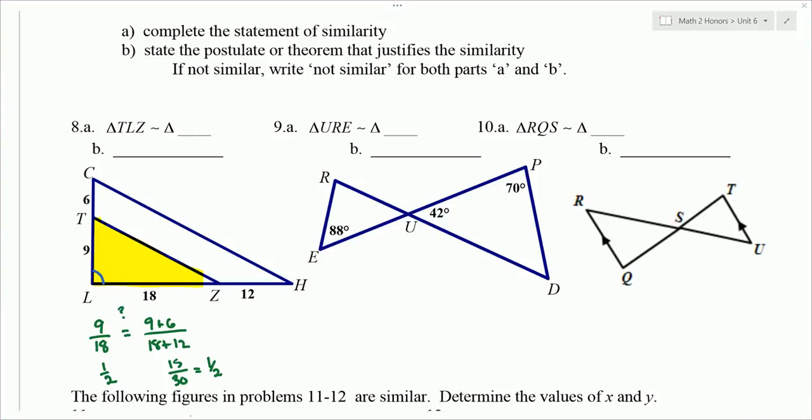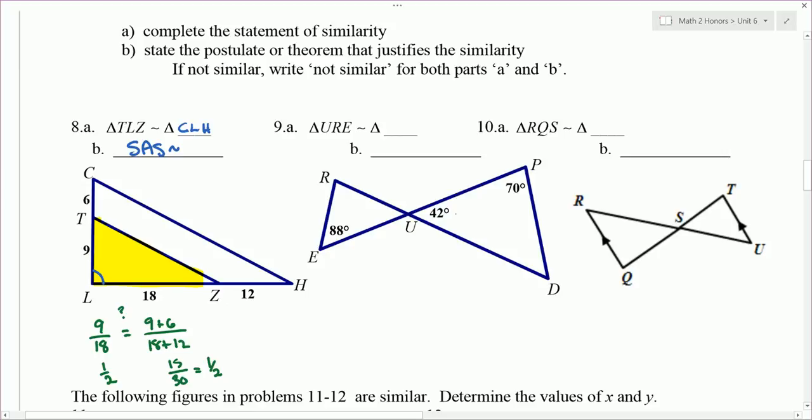So these are similar by side angle side similarity, because the two sides that make up the angle are proportional, and then the angle is congruent to itself. So TLZ, we've got to worry about the ordering here. T corresponds to C, L corresponds to itself, and Z corresponds to H.